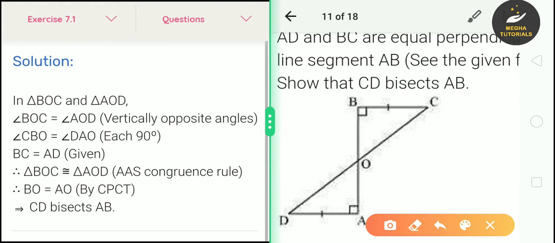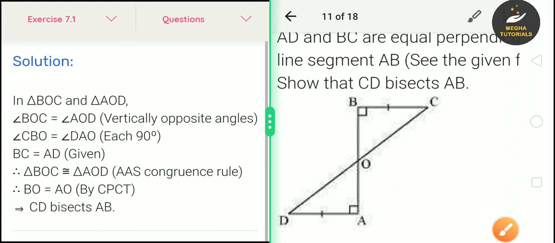In these two triangles, triangle BOC and triangle AOD, we can write angle BOC is equal to angle AOD. It means these two angles are vertically opposite angles. Then angle CBO and angle DAO are each 90 degrees, therefore they are also equal. It is given, and also it is given that BC equals AD.